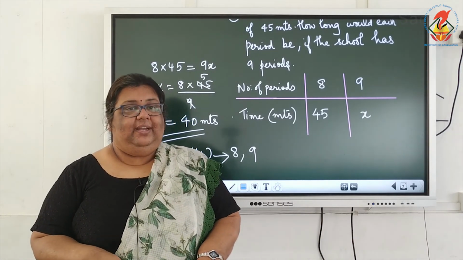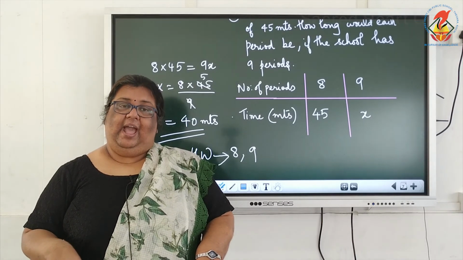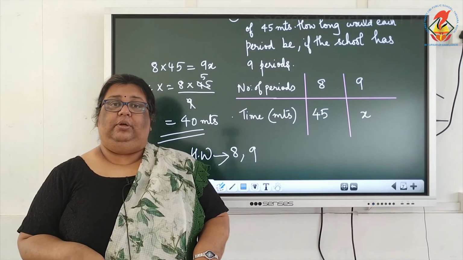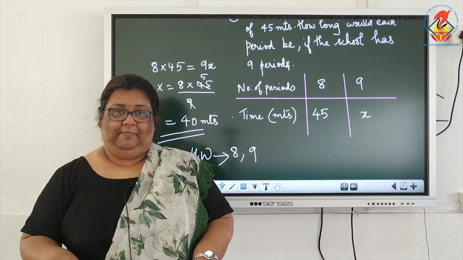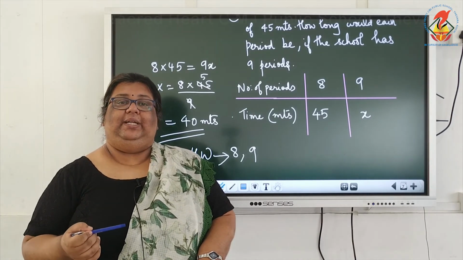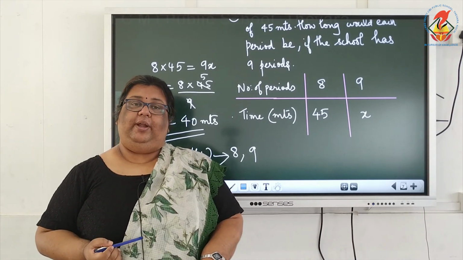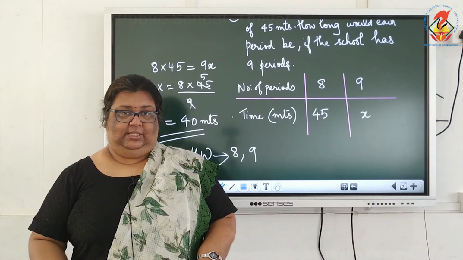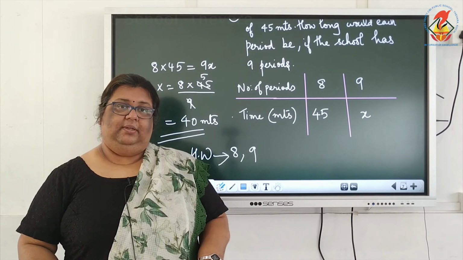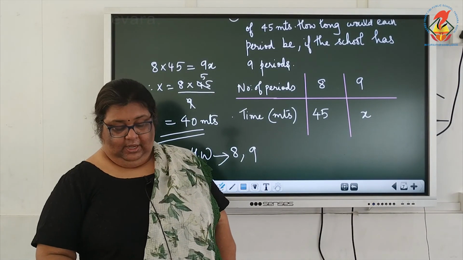If one quantity decreases, the other quantity also decreases, and the ratio of both the quantities will be same. But in the case of inverse proportion, if one quantity increases, the other quantity decreases, and the product remains constant. Okay? Please do the homework, question number 8 and question number 9.